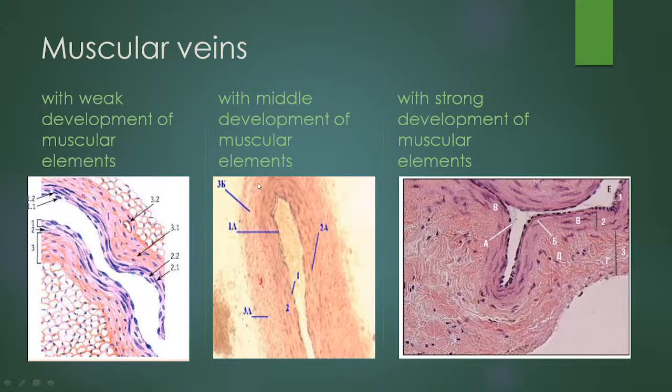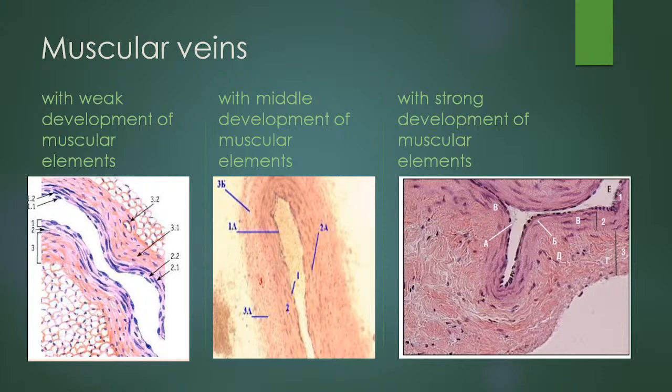Muscular veins with middle development of muscular elements. These veins are on the level of the heart. The structure of the wall of these vessels has the following characteristics.